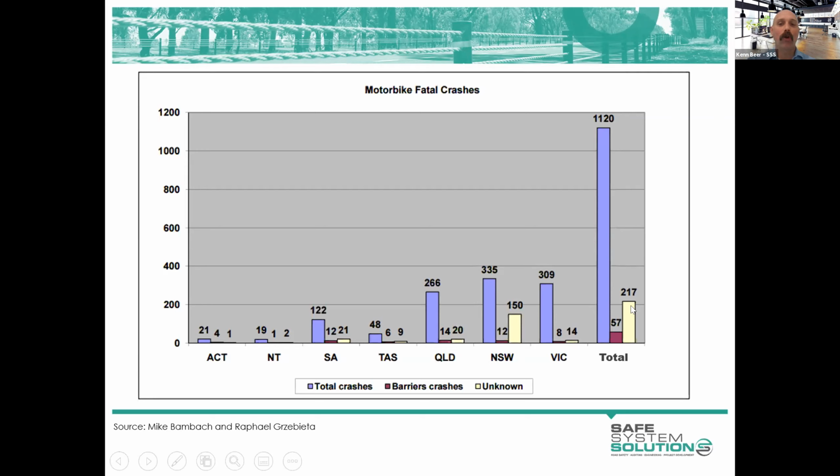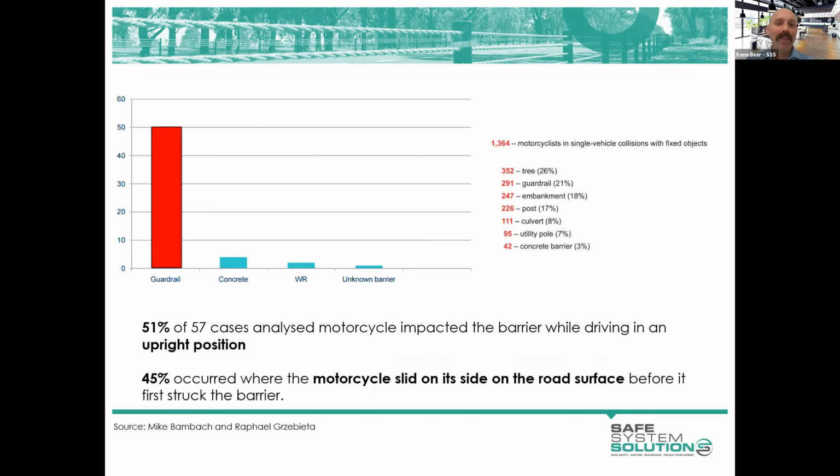There's quite an unknown there, and that's predominantly due to police reporting and not knowing what the fatal blow was caused by, particularly in New South Wales. So that might be a reporting thing that you need to look at, or how they've done the research. But nonetheless, barrier strikes are quite rare in terms of the fatal and serious injury for motorcyclists, but they do exist.